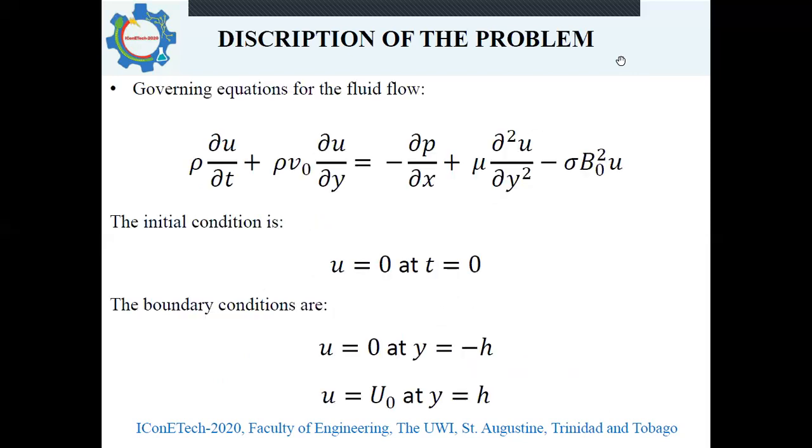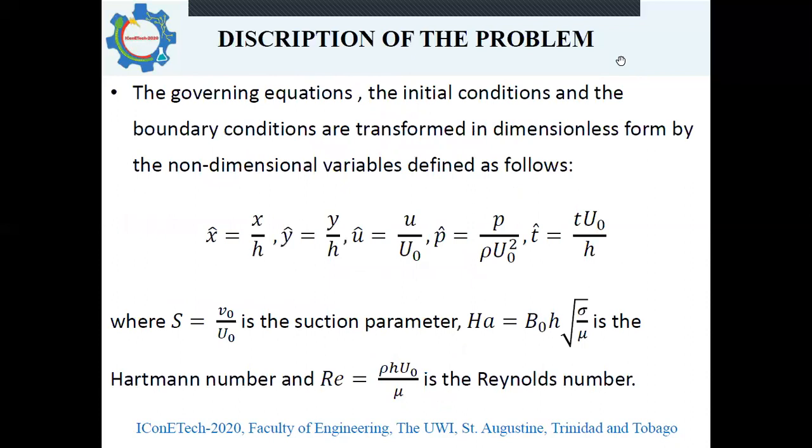For the problem, we have the following governing equations for fluid flow and its initial conditions and boundary conditions as shown. These governing equations, initial conditions, and boundary conditions are transformed into dimensionless form by these non-dimensional variables shown. In addition to that, we have our suction parameter, Hartmann parameter, and Reynolds number.